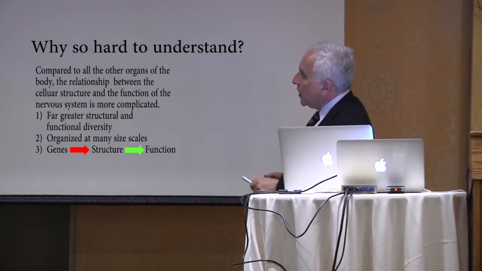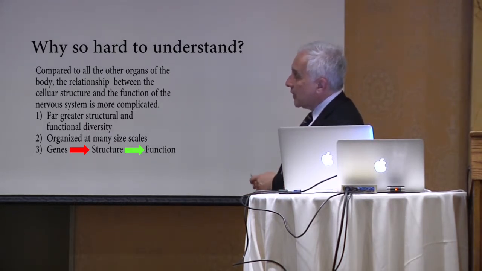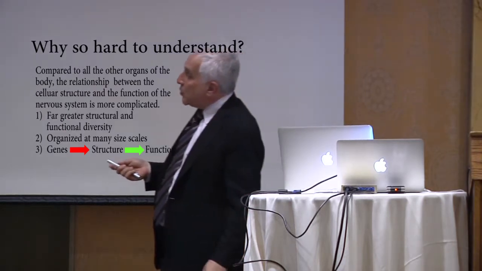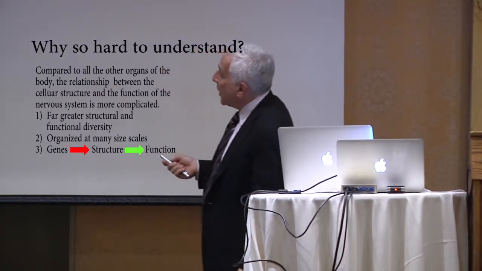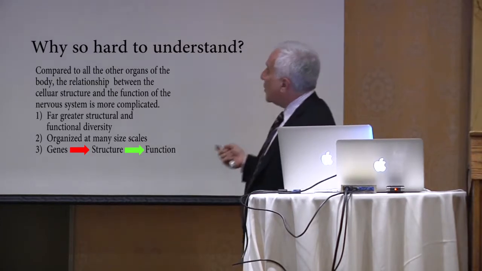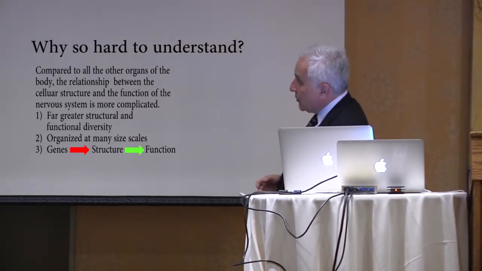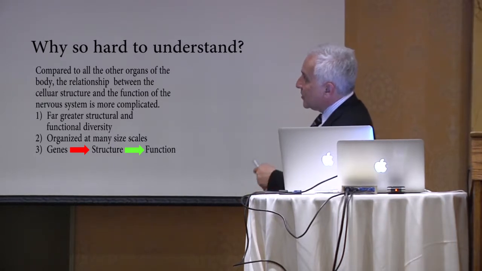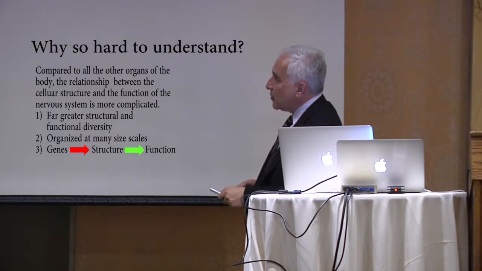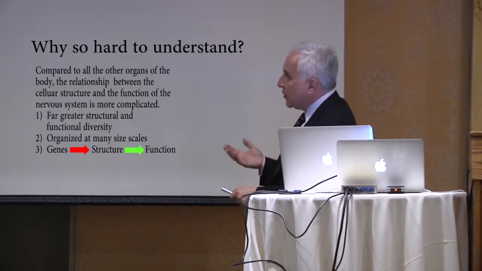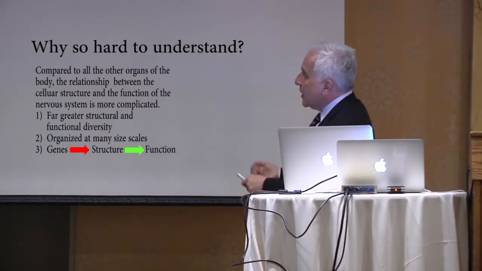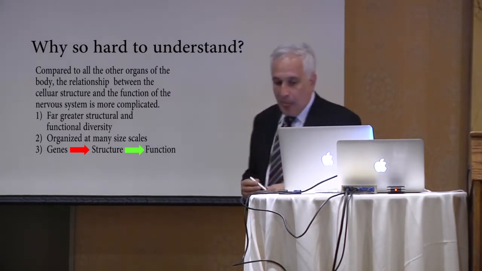And biologists love this kind of linearity because it means if you have a mutation in a gene, you might have a change in the structure and ultimately a functional consequence. And for most of the organs of the body, this is the way things work. It is this kind of linear stream of information from genetic information that you inherit from your parents that build the structures of the body and then generate the function.